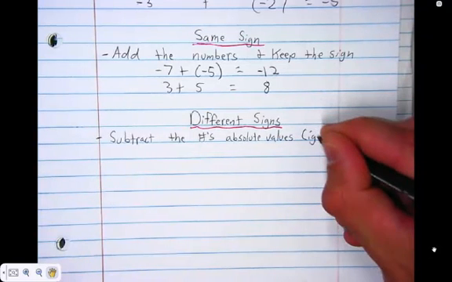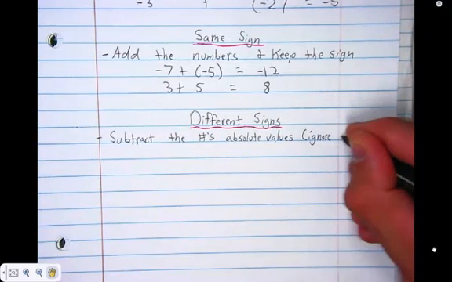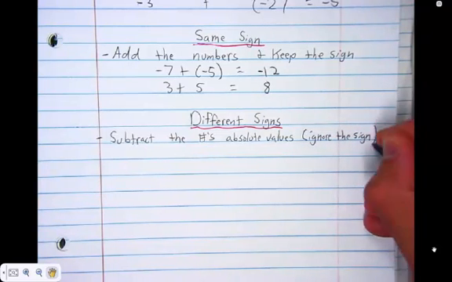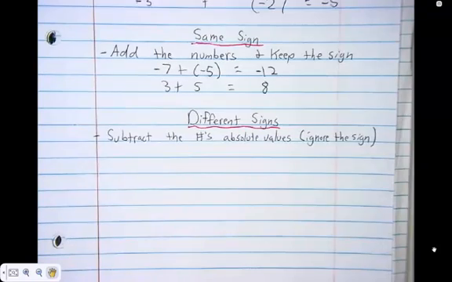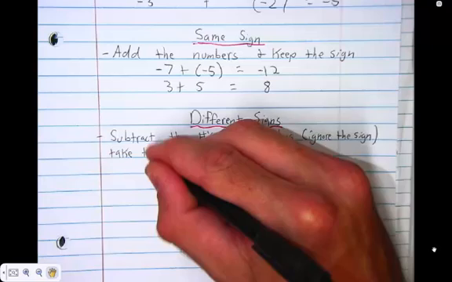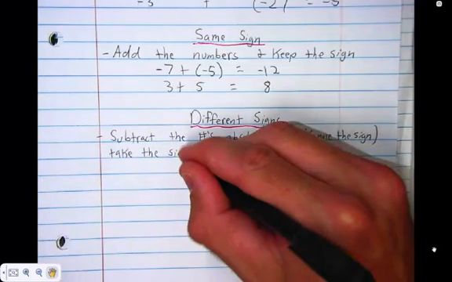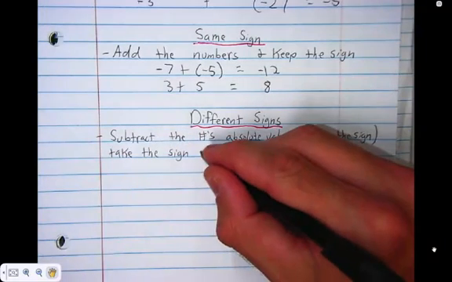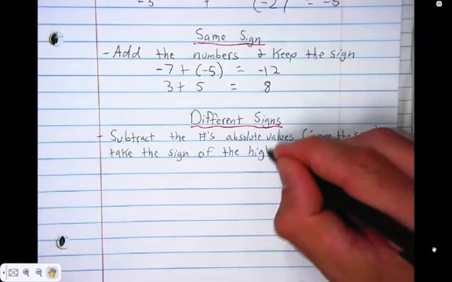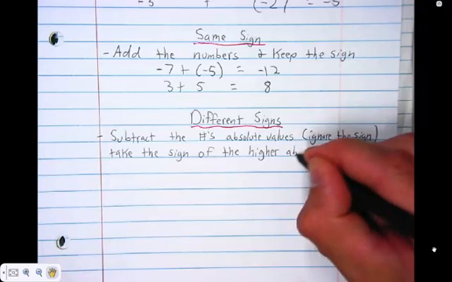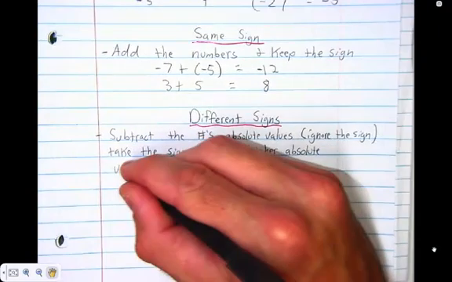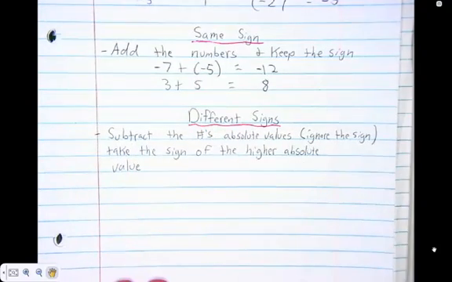So you ignore the sign. Then take the sign of the higher absolute value.